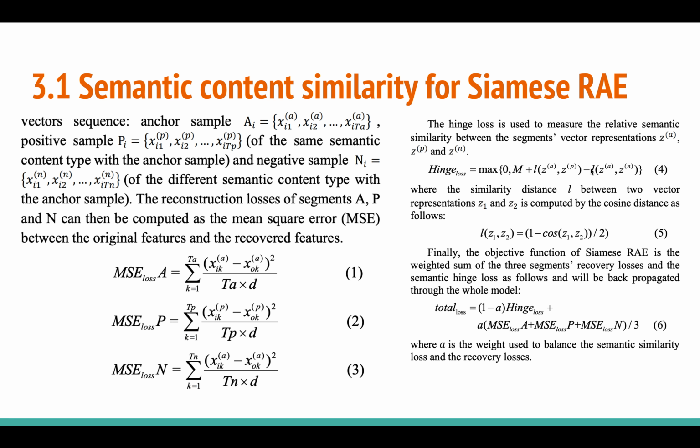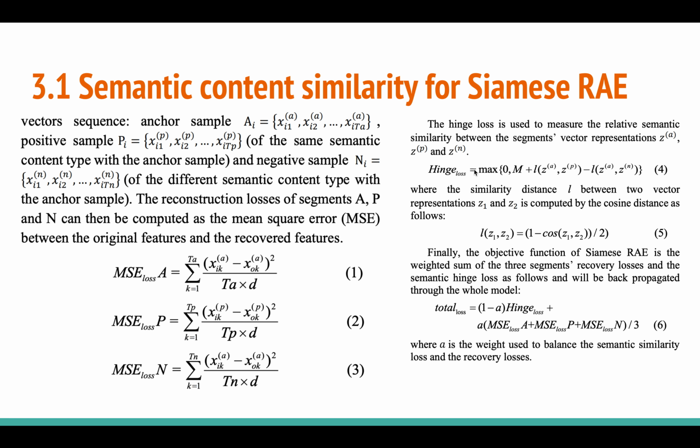So all I want is to make these two vectors, the anchor and positive samples, very close to each other in the higher dimensional space. But I want to increase the distance between ZA, the anchor sample's hidden representation, and ZN, the negative sample's hidden representation.